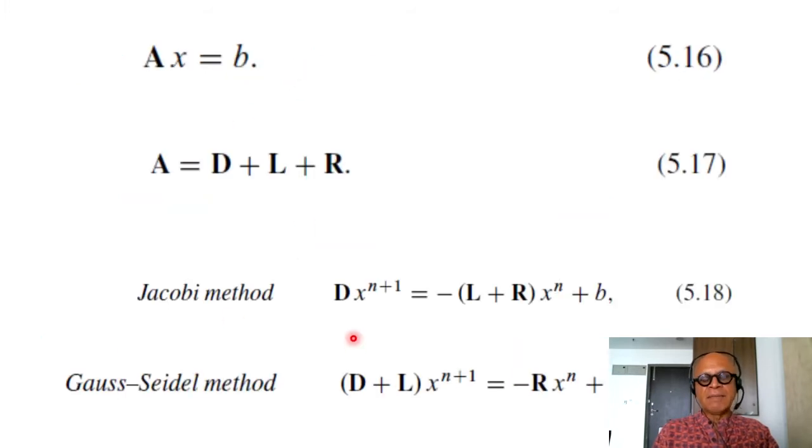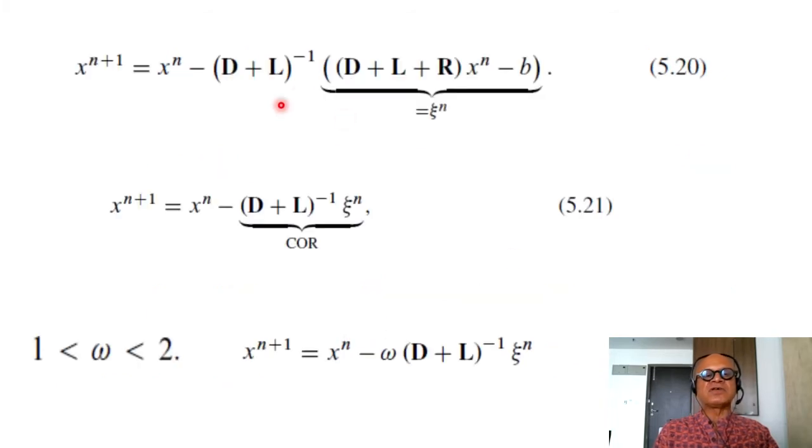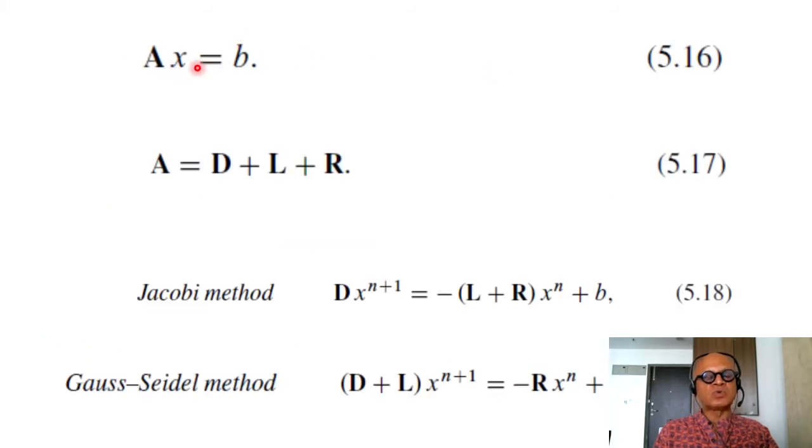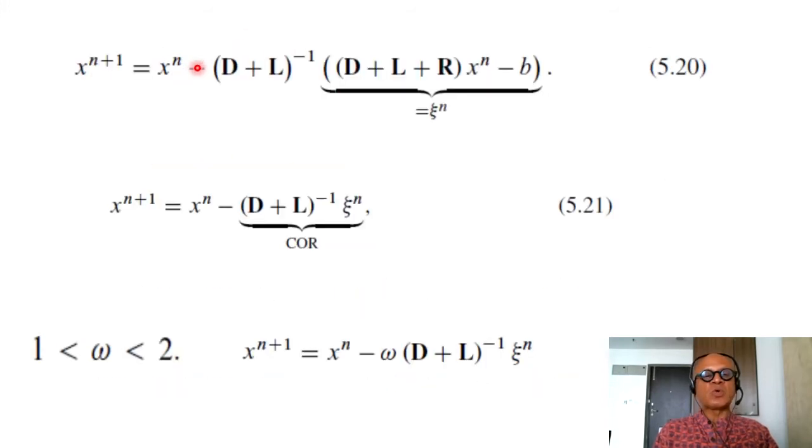So remember, these are matrices, so we are inverting here, times (D plus L plus R) times xn minus b. So this is our A. So this is basically A at xn minus b, which is the same as our original equation. So essentially that means x at iteration n plus 1 is x at iteration n minus Ax minus b. Hence this is basically a residual.